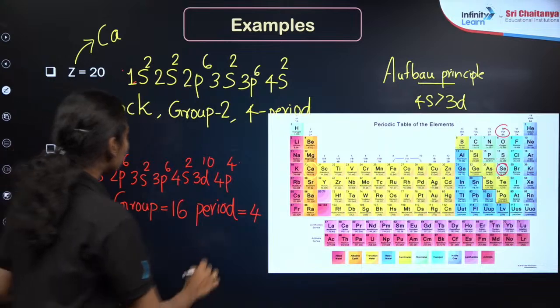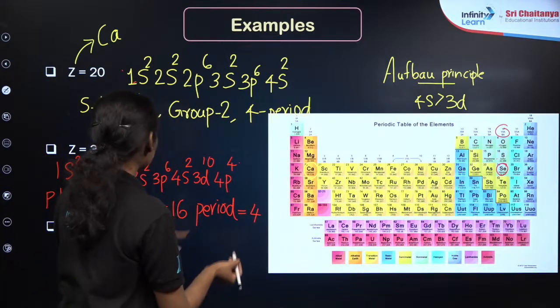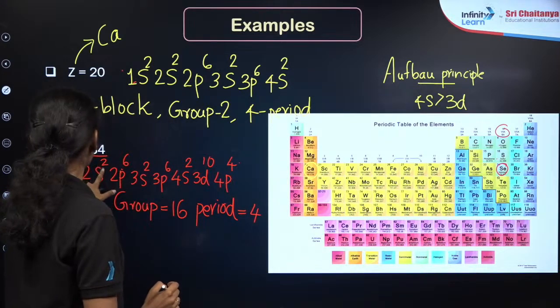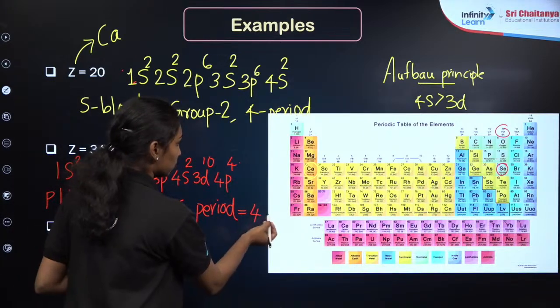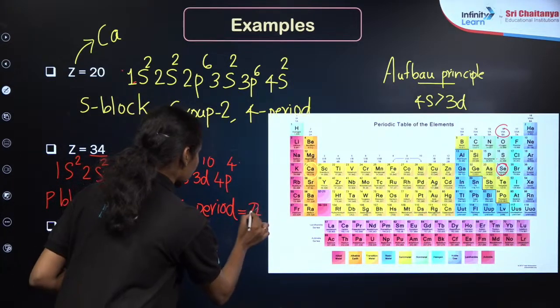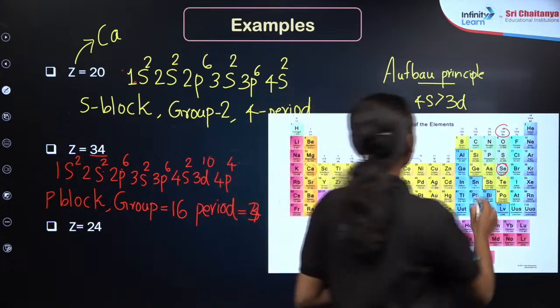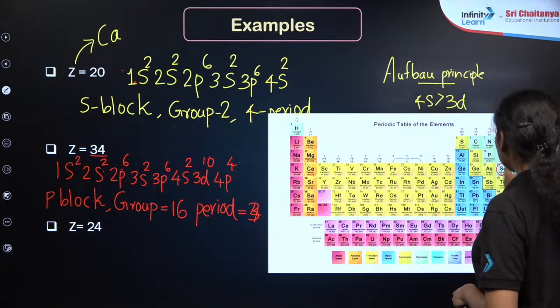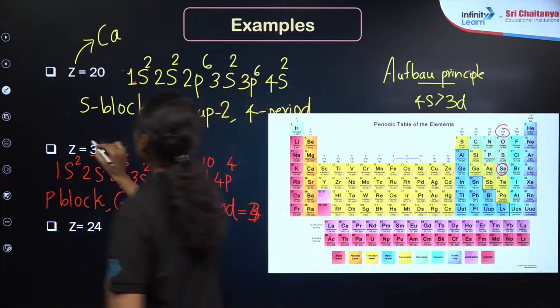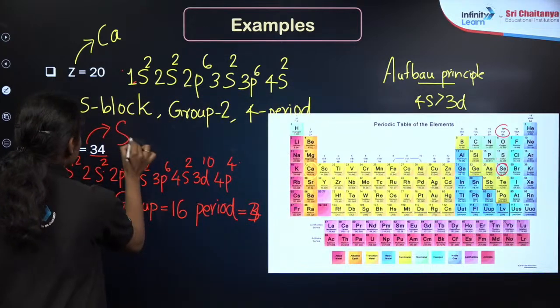So you can say that it belongs to group number 16, period 4, with the symbol Se, that is selenium.